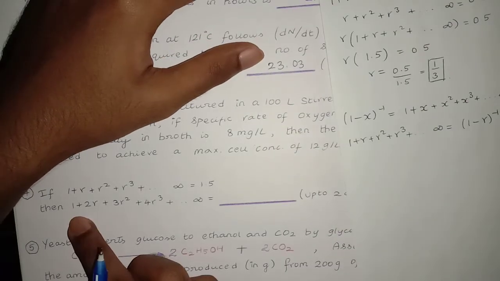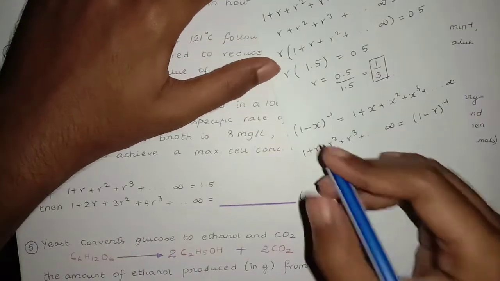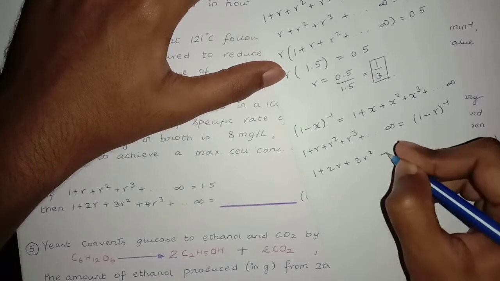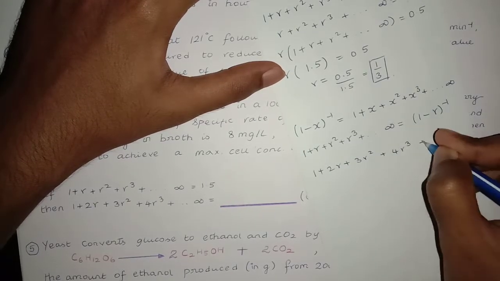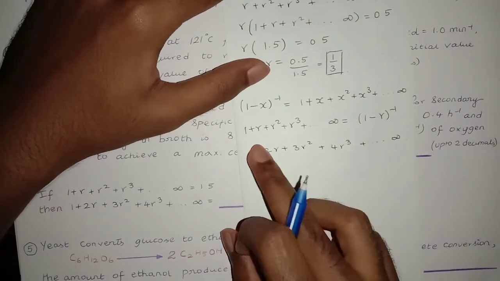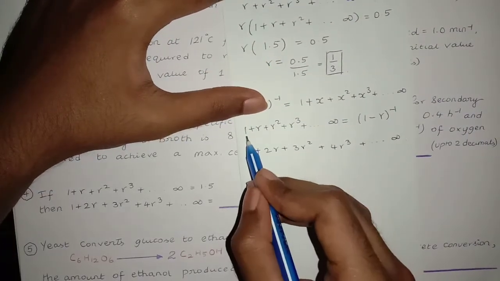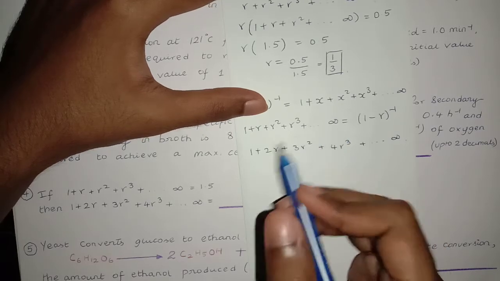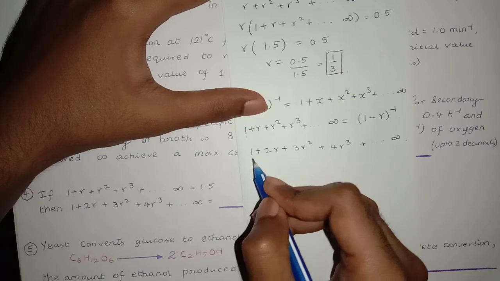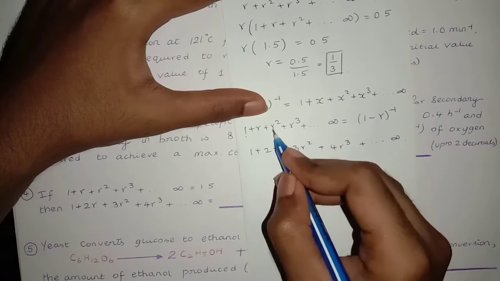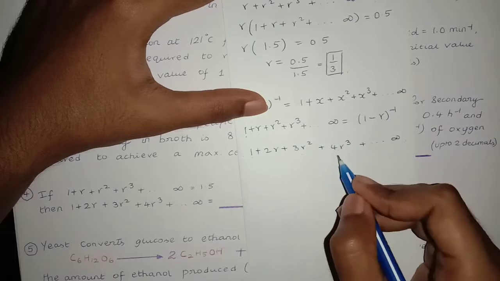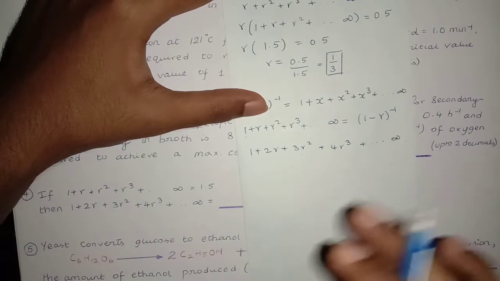And we need to find the value for another series, say 1 + 2r + 3r^2 + 4r^3 up to infinity. Let's differentiate this equation with respect to r. Differentiation of 1 will result in 0, and differentiation of r will give 1. r^2 gives 2r, r^3 gives 3r^2, then r^4 will result in 4r^3, and so on.